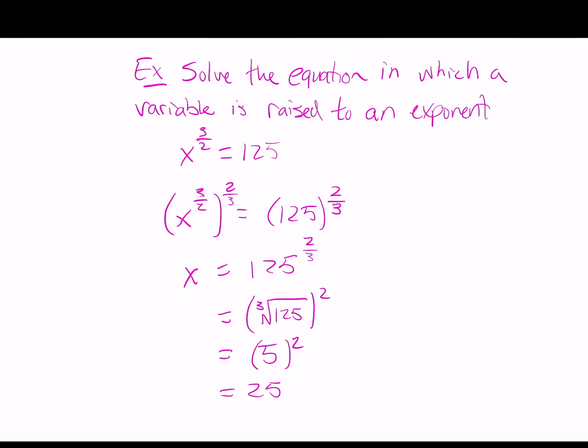And so we're left with 25. So x is equal to 25. x is the solution to this equation. If you take 25 raised to the 3rd power, and then take the square root, you get 125. You can check that to verify, but that would be your answer in this example.